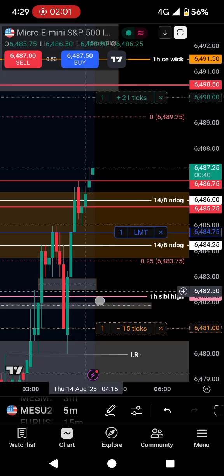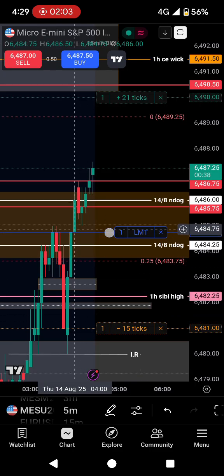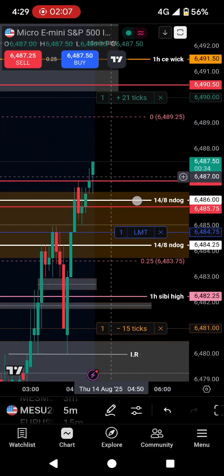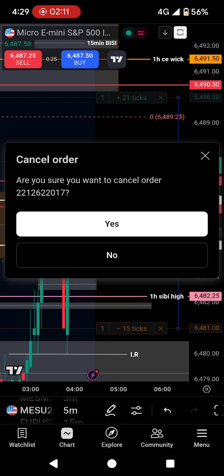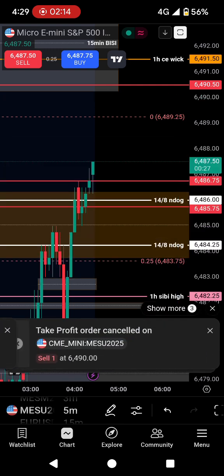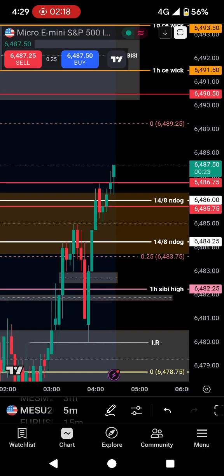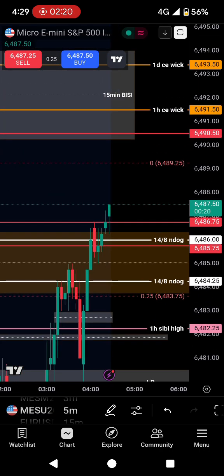Because right now the fact that we respected the FBC here and this volume balance, it really should start going higher because we're finding close above this 1 hour balance price range already. So I'm just going to close the trade. Today never got filled, so today no win, no lose. That's it.